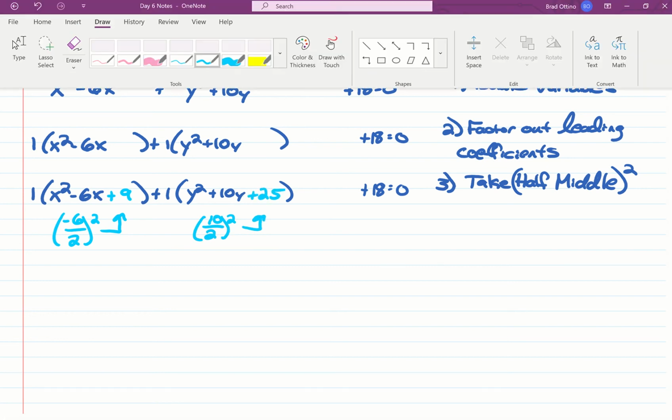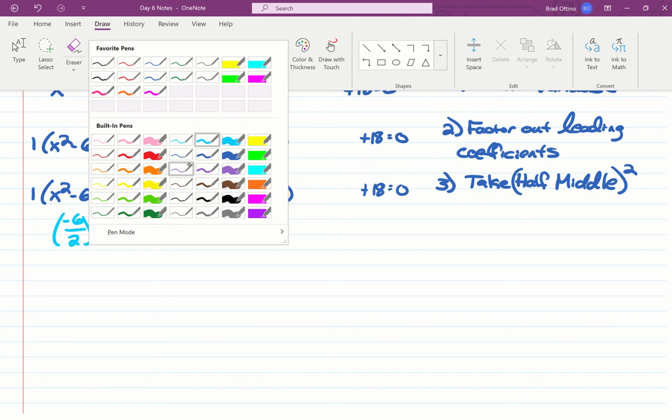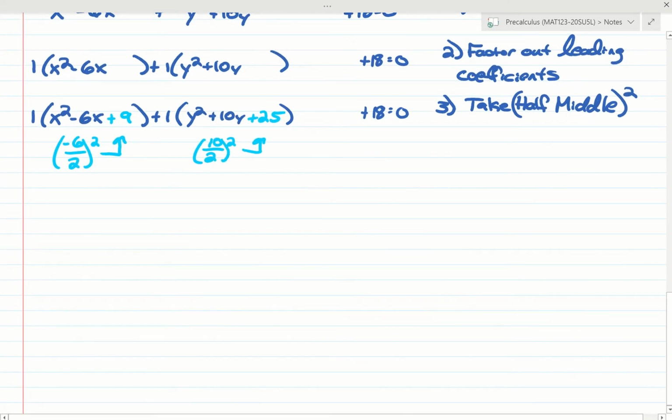And then our fourth step, we just have to balance out our equations. We just can't go adding numbers. We have to balance it. So we added 9 and 25, so we have to subtract them now. So we're going to multiply our new numbers by the front and subtract.